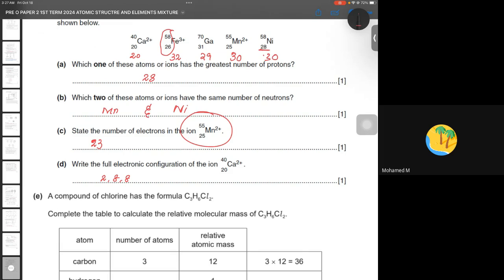The proton number was 20, so there were 20 electrons initially, but after the loss of 2 electrons, it becomes 18 electrons. For 18 electrons, the configuration is 2, 8, 8.